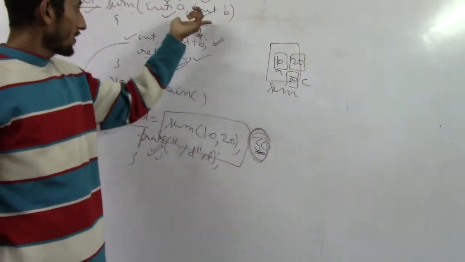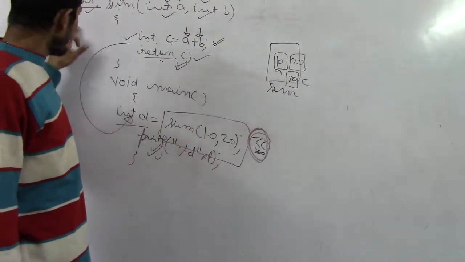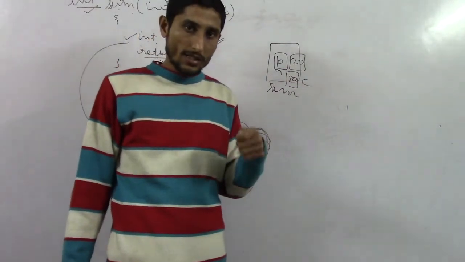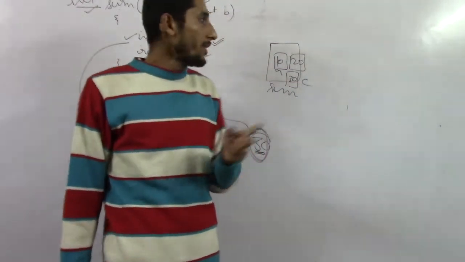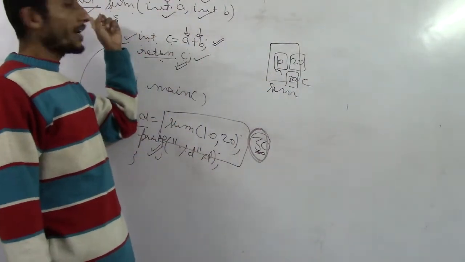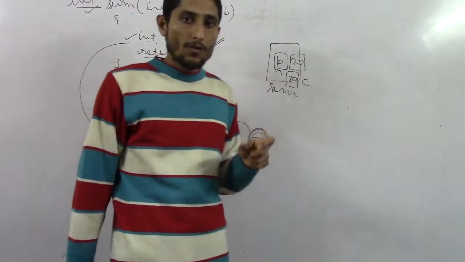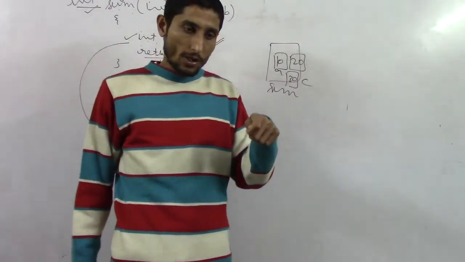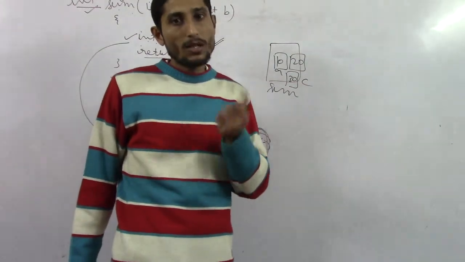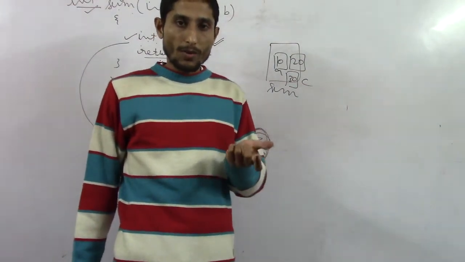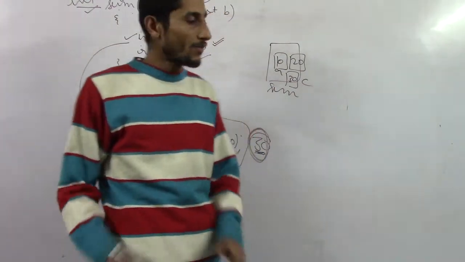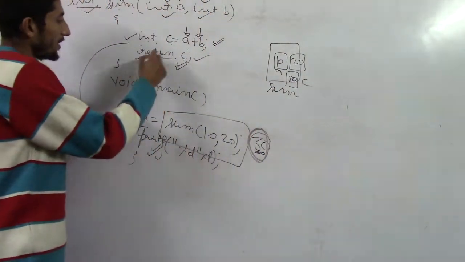Then you have to choose the return type of the function. In this case, we are passing two integers, and as a result we are going to return an integer, because whenever I add two numbers, if both numbers are integers and I perform addition, then I will get an integer only. That's why the return type is integer.